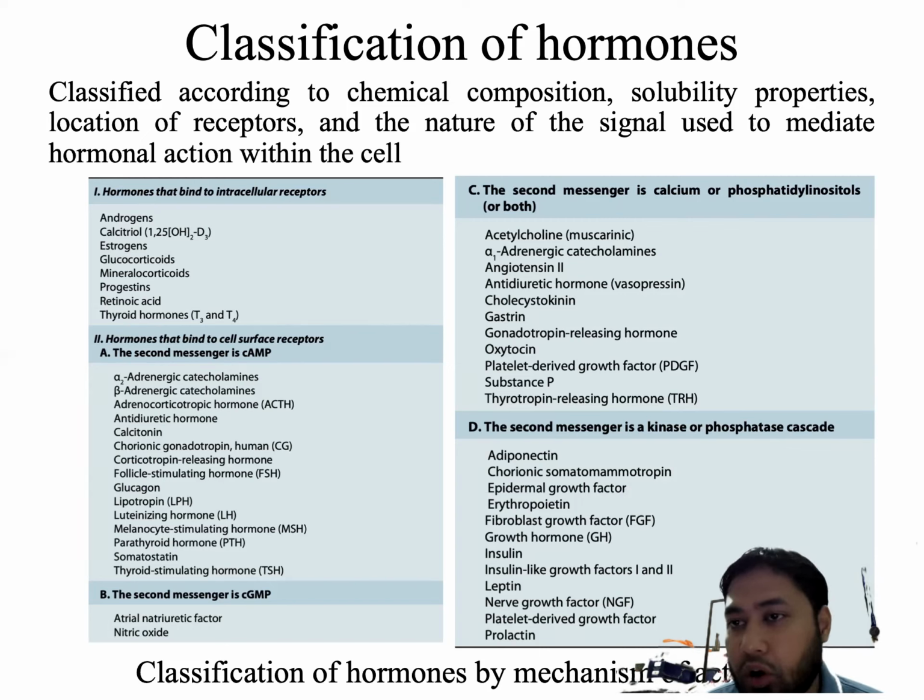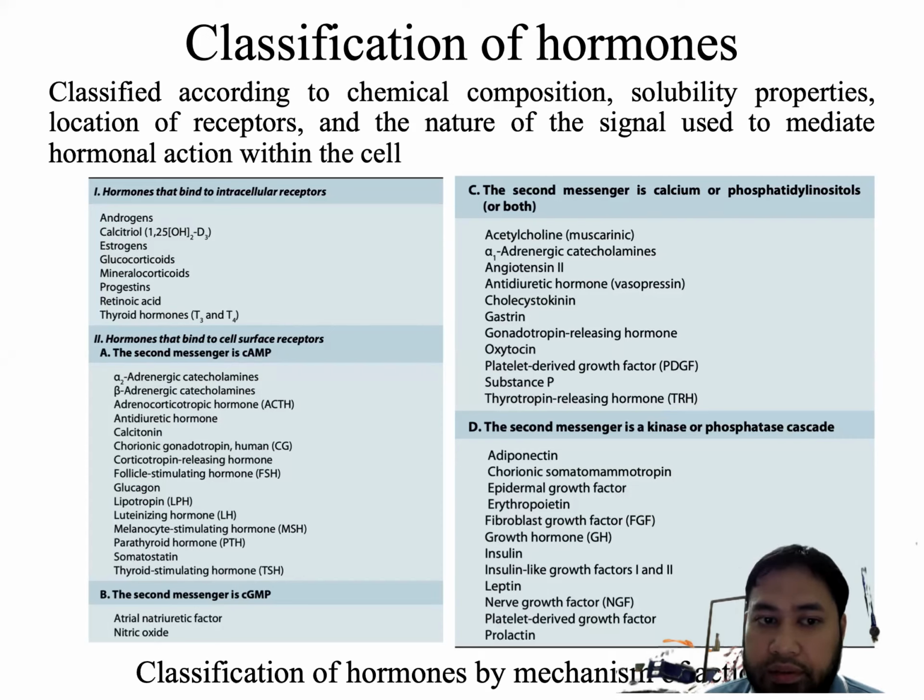So this is based on the receptors. All of these groups, androgen, calcitriol, estrogens, glucocorticoids, mineralocorticoids, progestin, retinoic acid, and thyroid hormones, have to bind to special receptors on the cells or tissues in order to exhibit their function.